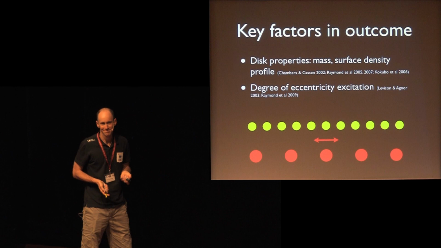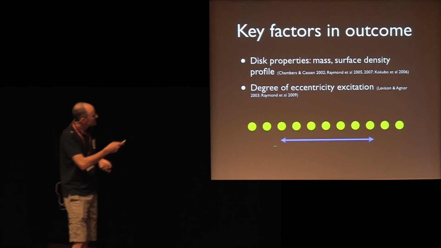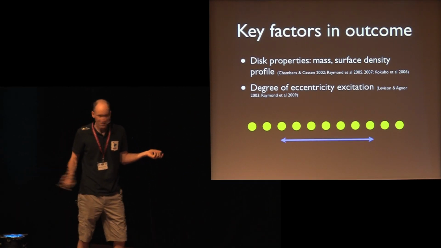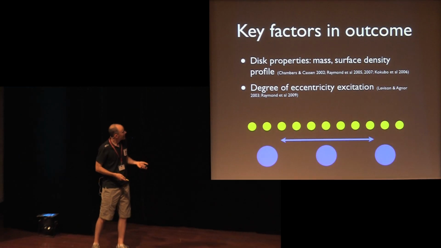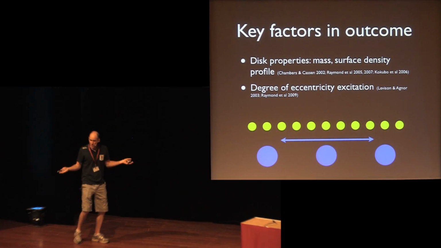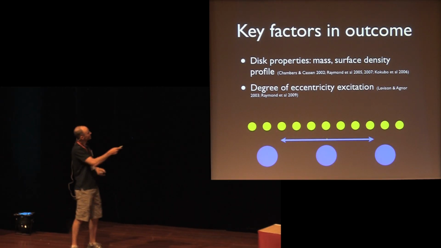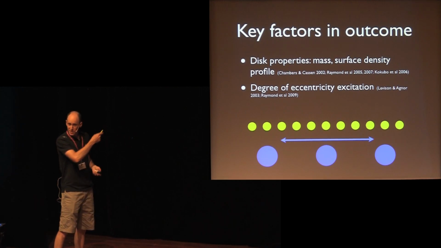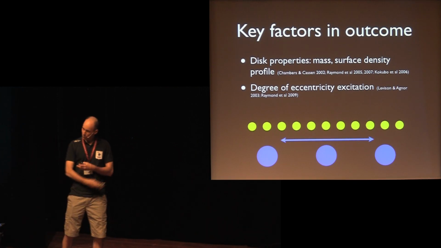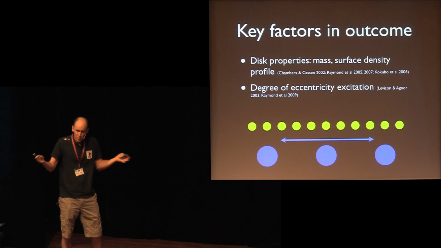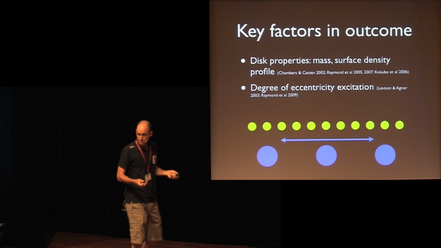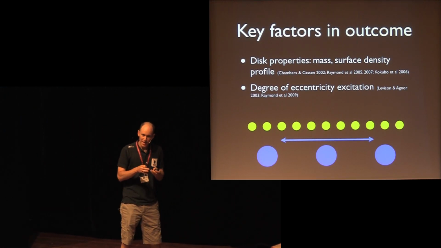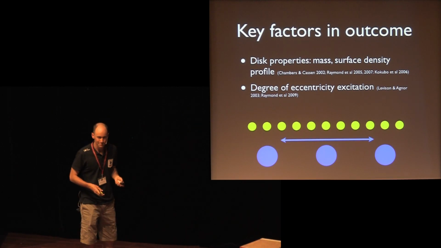All right. But if its eccentricity is bigger, then it can bash into all these guys, and you'll form something bigger. And in an even more extreme case, for which I did not make arrows, you can imagine if its eccentricity was really big, and it crossed that whole disk of embryos, then you could turn them all into one big planet. Okay? So that's why the eccentricity excitation matters.